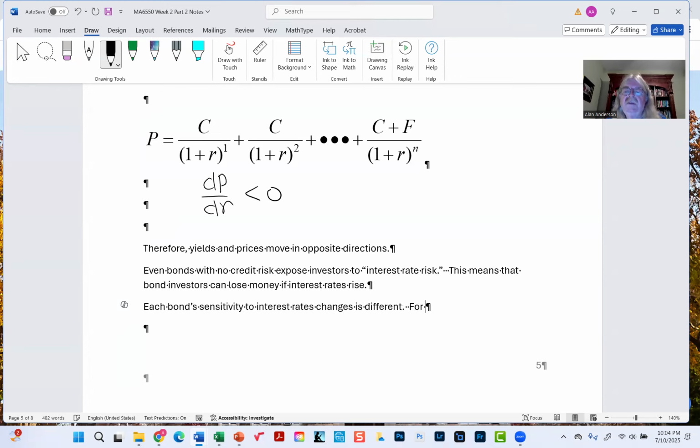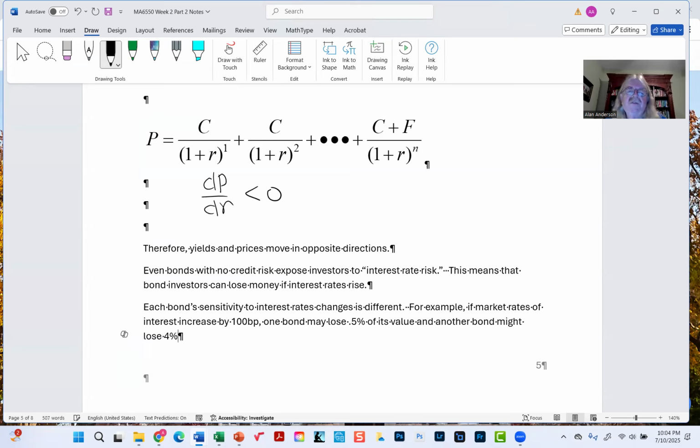For example, if market rates rise by 1% or 100 basis points, one bond may lose 0.5% of its value, and another bond might lose, say, 4% of its value.